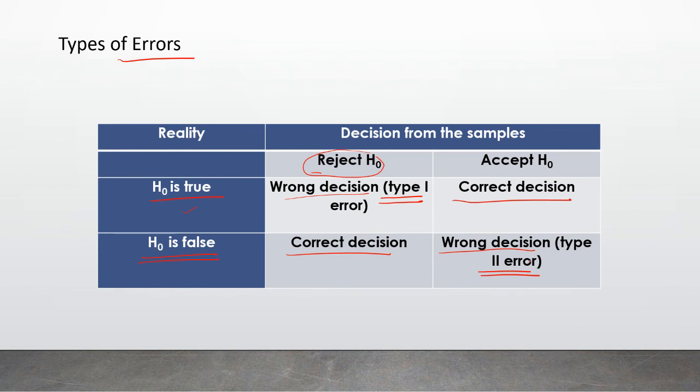So these errors, type 1 and type 2 errors, are defined as follows. Rejecting the null hypothesis when the null hypothesis is actually true is called a type 1 error, and accepting the null hypothesis when it is actually false is called a type 2 error. Such questions can occur: write a short note on type 1 and type 2 errors, or write a short note on testing of hypothesis.